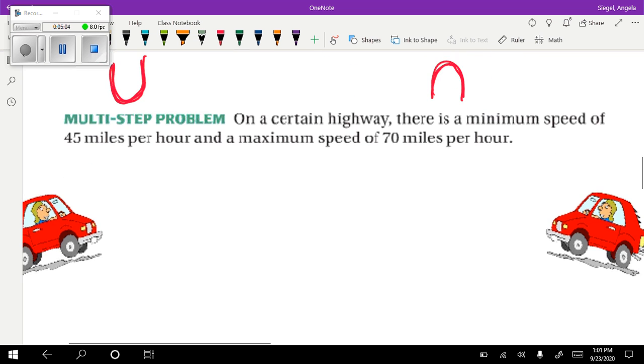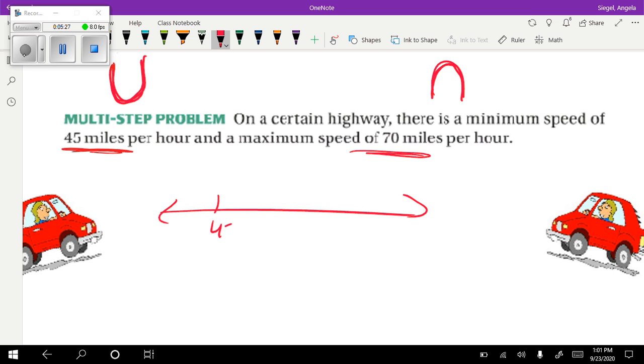Let's go to this word problem here. We have a certain highway, there's a minimum speed of 45 miles an hour and a maximum speed of 70 miles per hour. Let's think about what the legal speeds are and what the illegal speeds are.